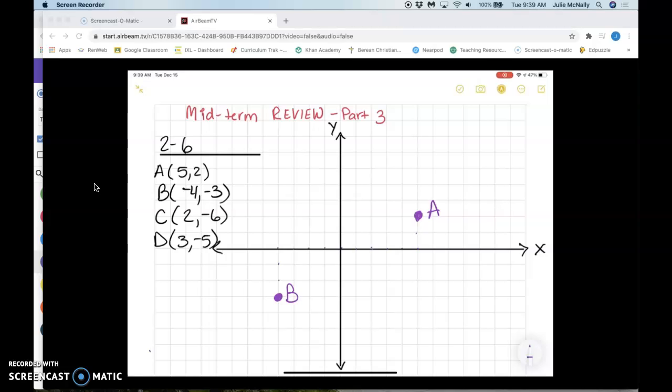So I move to the right 2, and then I go down to what number? -6. 2, 3, 4, 5, 6. Okay, right there. 2, -6. Good. And then Jeremiah, you want to tell me the last one?